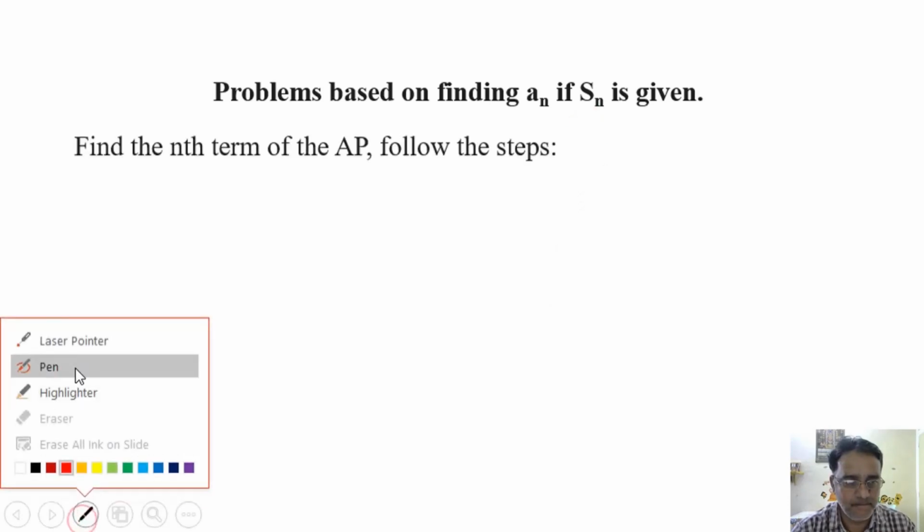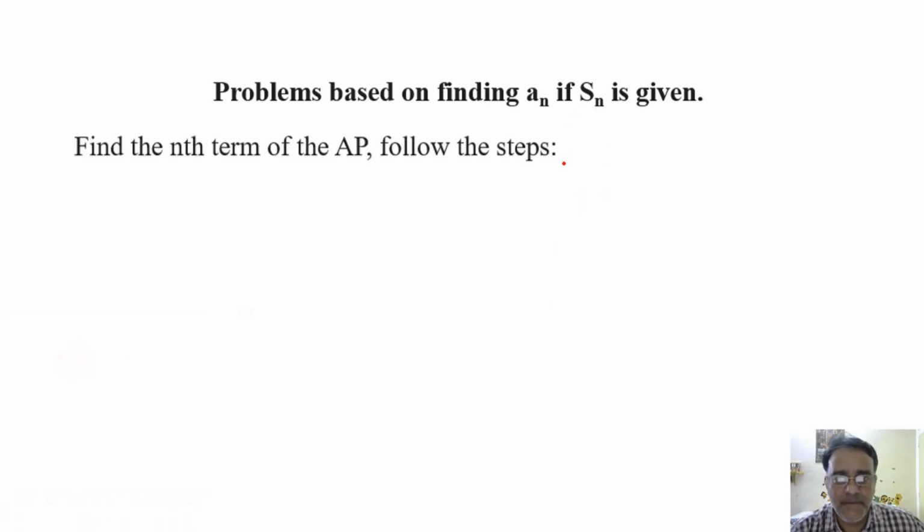Next is problems based on finding an if Sn is given. Okay. अगर Sn दिया हुआ है, so how to find an? So first of all you have to find S1. S1 find करना पड़ेगा. Okay. S1 find करने के बाद, what is S1 actually? A1.